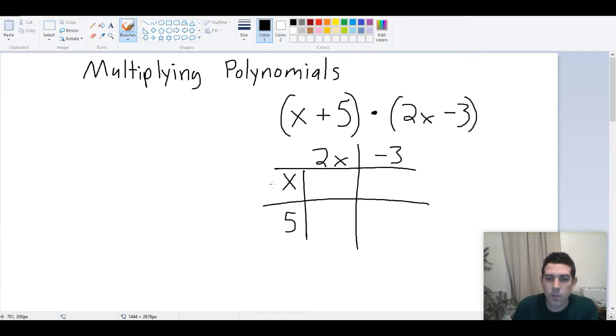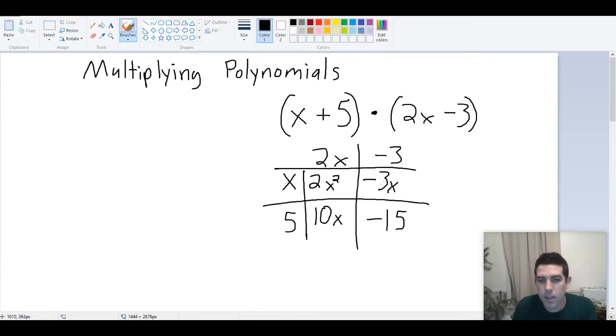Well, 2 times the 1 stays 2, and x times x makes x squared. What is 2x times 5? Well, that's 10x. What is negative 3 times x? Well, that's negative 3x. And lastly, what is negative 3 times 5? Negative 15.